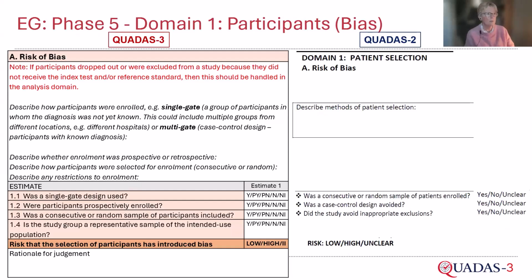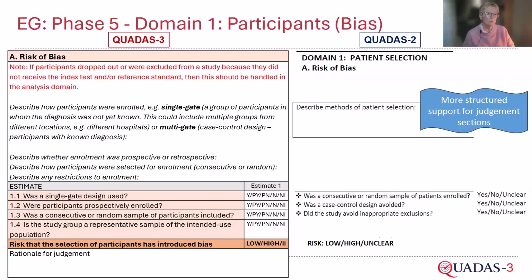And on the left of my slide, you can see QUADAS-3 for the participant domain, and on the right was the domain in QUADAS-2. The first thing you'll notice is that there's more structure for the support for judgment sections. So there was just a single statement in QUADAS-2. There's more detail to help reviewers on the left to help them to answer the signalling questions further down in the box.